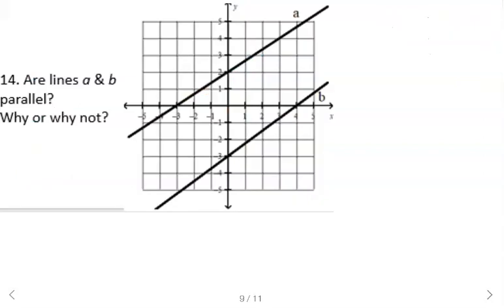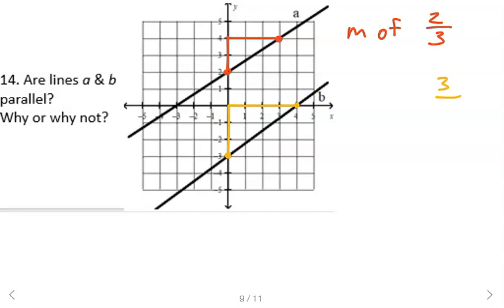All right, to determine if these are parallel, we need to know the slopes. So find 2 points on line A and do rise over run. Rise 2, run 3. So the slope of line A is 2/3. For line B, locate 2 points. We rise 3, we run 4.